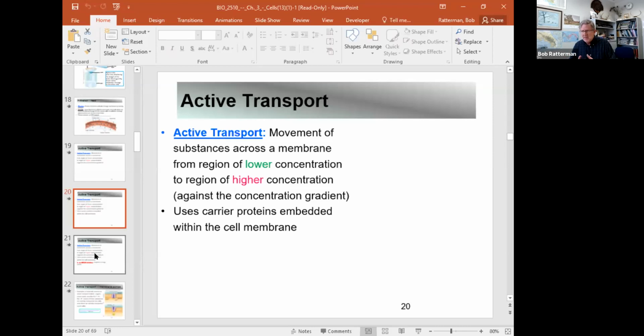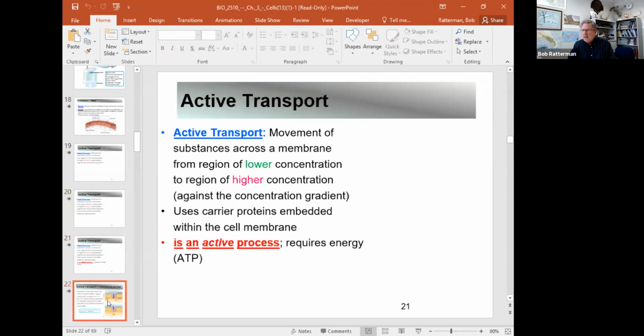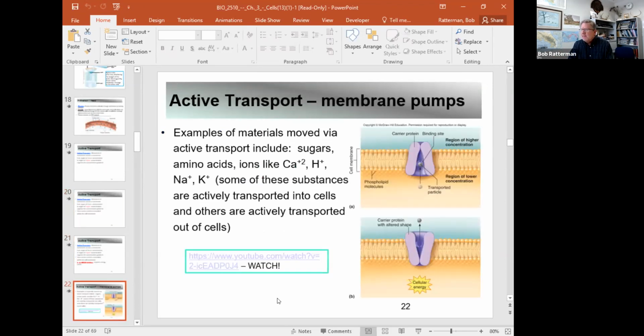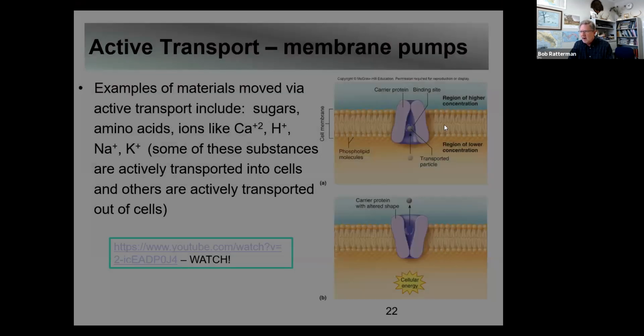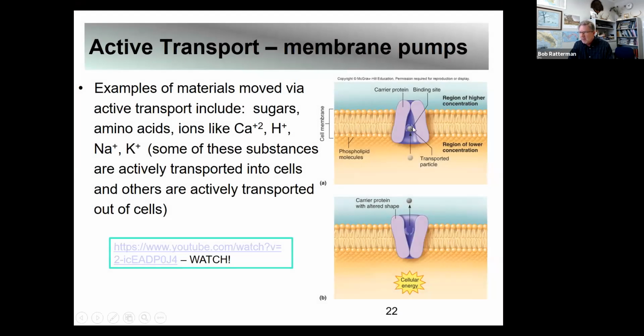And in order to move that substance against that concentration gradient, we have to employ the use of special carrier proteins. We call them transport proteins, carrier proteins, same thing. And this is a slide that sort of depicts that process. Here is our carrier or transport protein in purple.